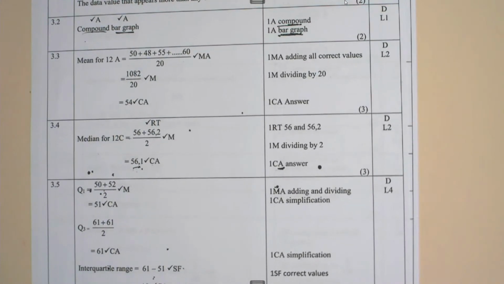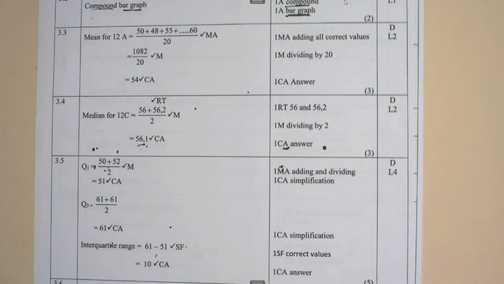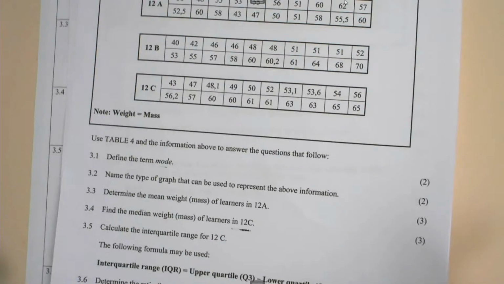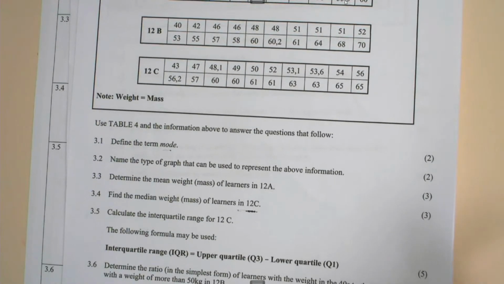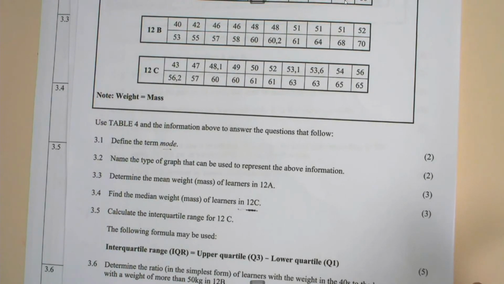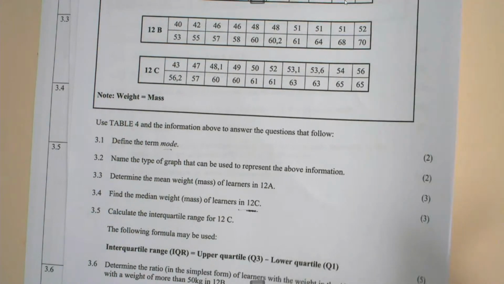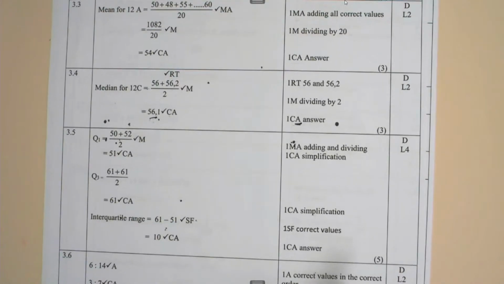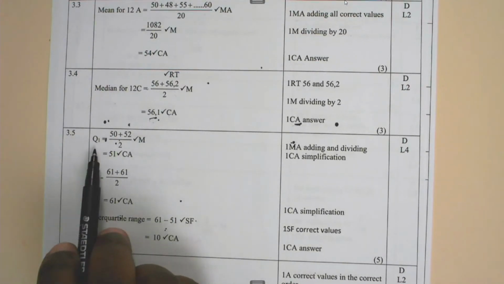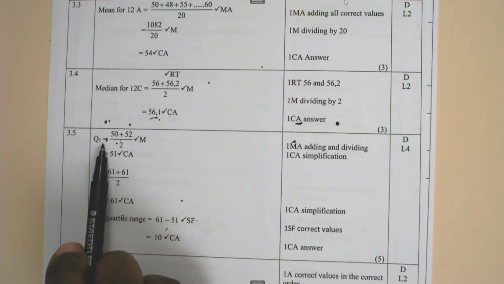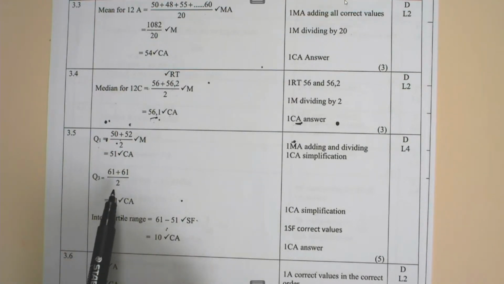3.5. The question says, calculate the interquartile range for 12C. The following formula may be used. Remember, for the learners to calculate the interquartile range, they need to find the quartiles first.